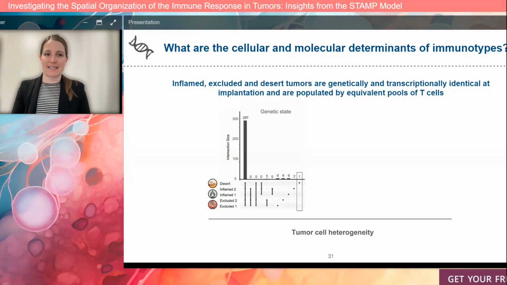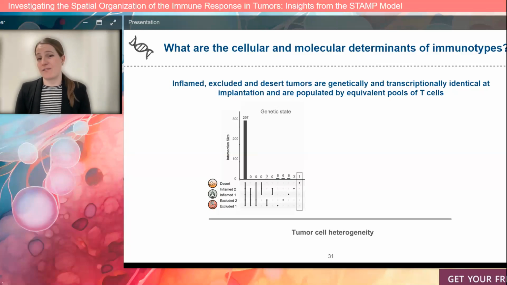And what you can see here is that even though this is a clonal tumor cell line, there do exist some genetic variants, 321 detected in total. However, the vast majority of mutations that are present can be identified in all three immunotypes. And when we manually curated the very few mutations that were not common across all of the immunotypes, we found only one mutation that was truly unique to the desert immunotype.